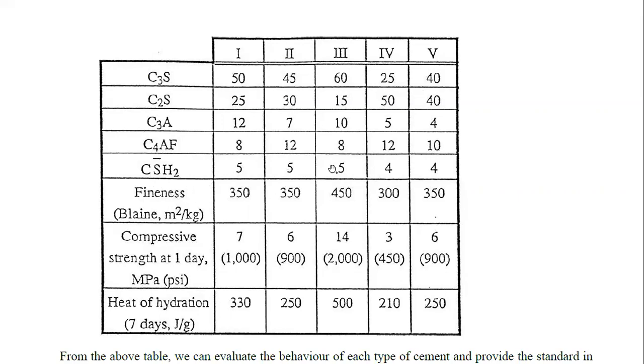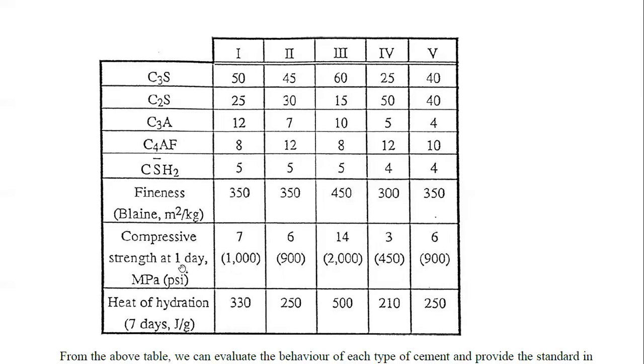CSH2 is the same 5% for types 1 to 3, and 4% for type 4 and type 5. Fineness, in meter square per kg, is 350 for type 1 and type 2, 450 for type 3, 300 for type 4, and 350 for type 5.